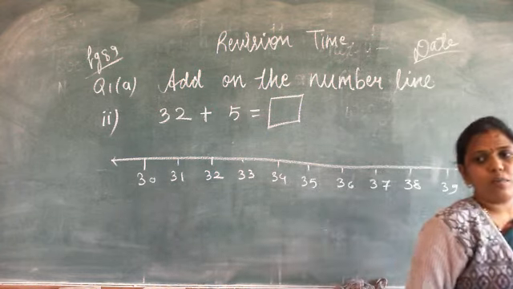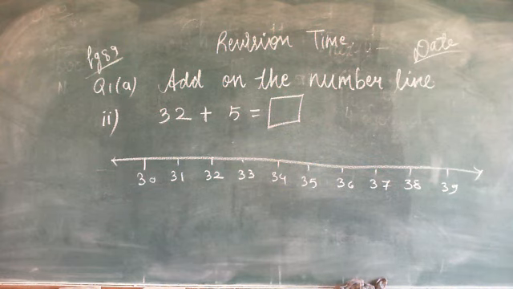Write fast, draw the number line and write the numbers from 30 to 39 or 30 to 40 on the number line. Fast, and there should be same distance between the given numbers.